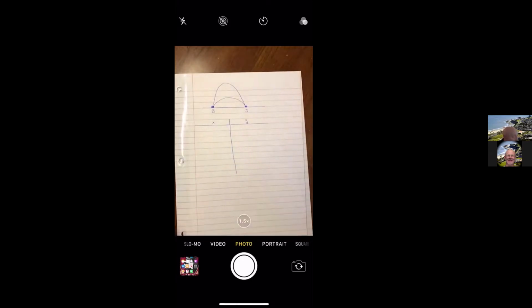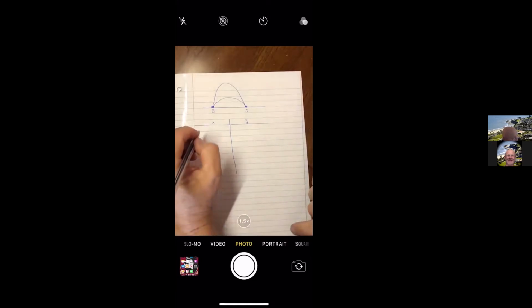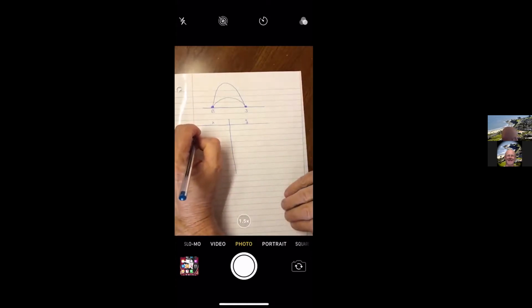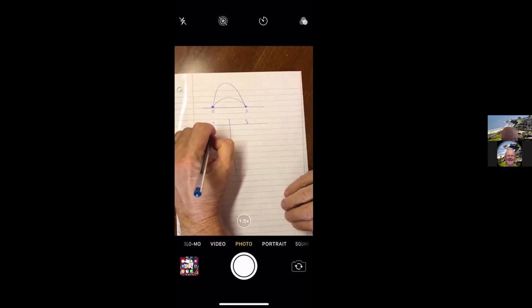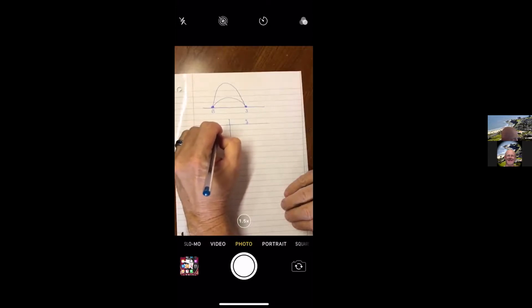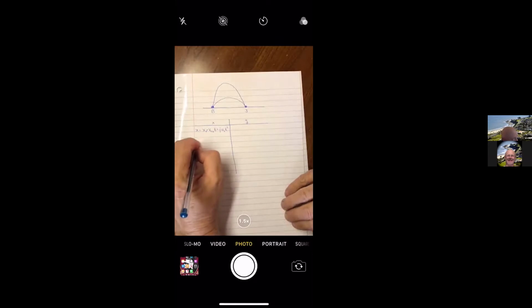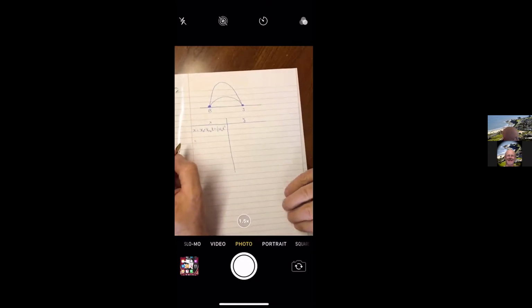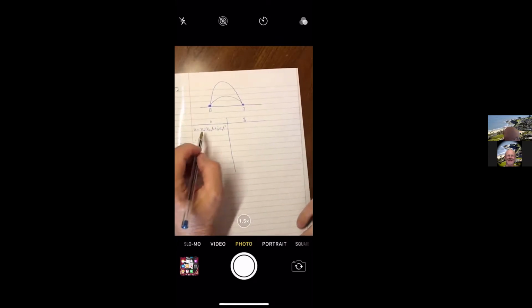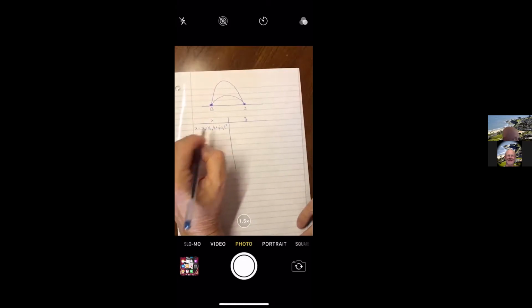So if we wrote out a formula for something moving in the X, it might look something like this. The throwing position, let's call that 0.